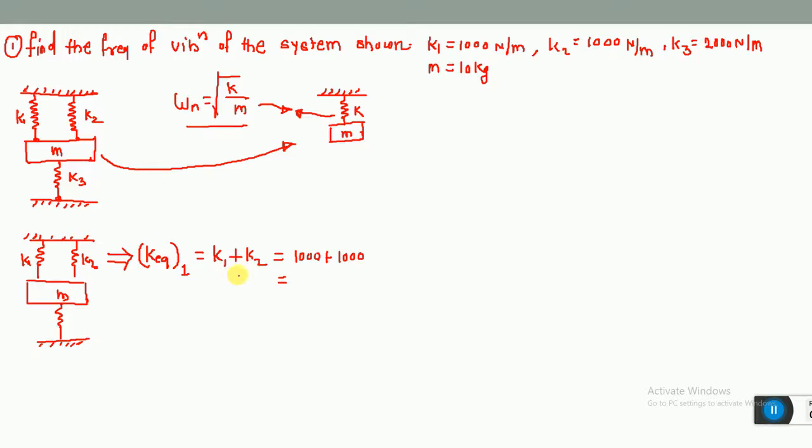So the equivalent stiffness 1 is 2000 Newton per meter. Okay, so after converting K1 and K2 into a single spring, that is nothing but the K equivalent, we will replace these 2 springs by a single spring. So this is the equivalent stiffness, that is K equivalent 1.